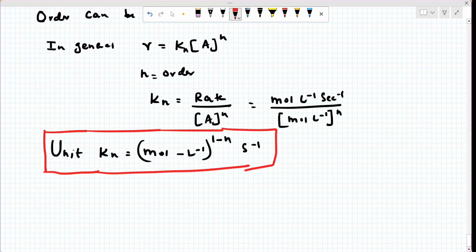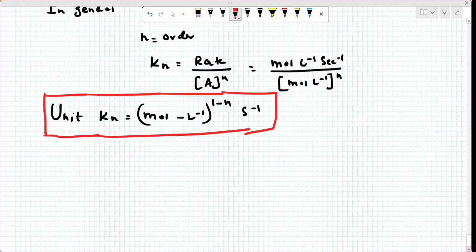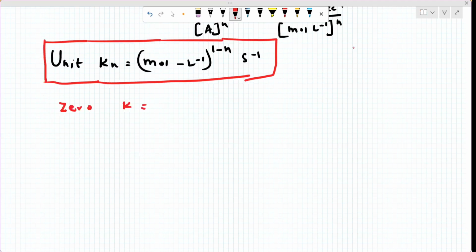Now, n is the order. Substitute in the formula, simple. For n equal to 0, for zero order, what is the unit of rate constant? Tell me. First order, n is equal to 1. n is equal to 2, second order. What is the unit? Tell me anyone.